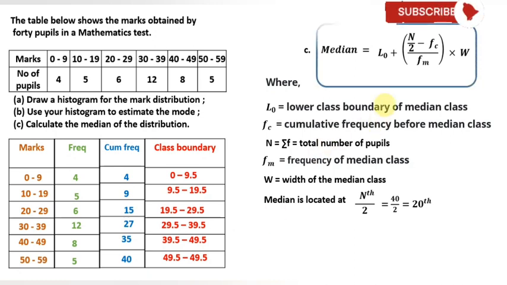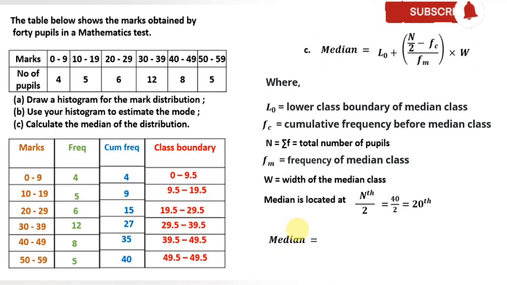Now, let's apply this formula. By applying the formula, the median is going to be equal to L naught. L naught is 29.5, which is the lower class boundary of the median class. So we're going to input that here. So that's 29.5 plus 40 divided by 2, that's N over 2, which gives us 20.